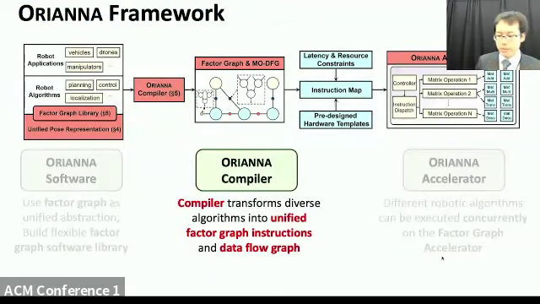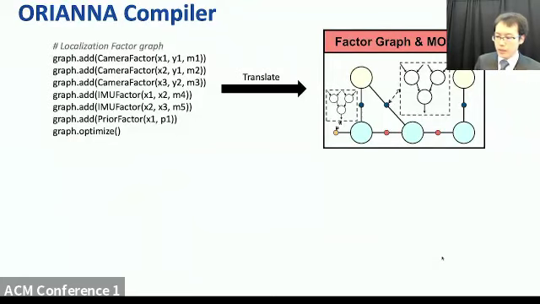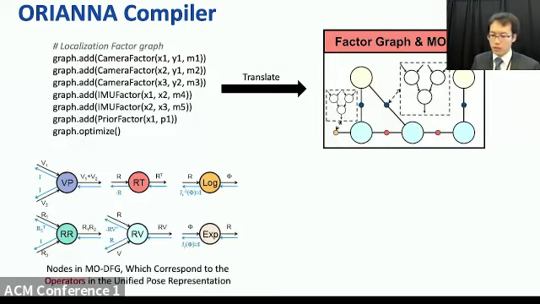And next is the Arrvindh compiler stack. The Arrvindh compiler can translate the high-level user code into both vector graphs and a data flow graph of matrix operations. The nodes of this vector graph denote the robot operators. The forward computation denotes the computation of the values, and the backward computation is the computation of the differentials.